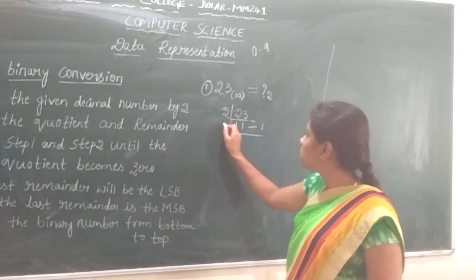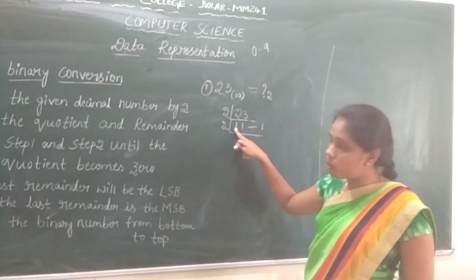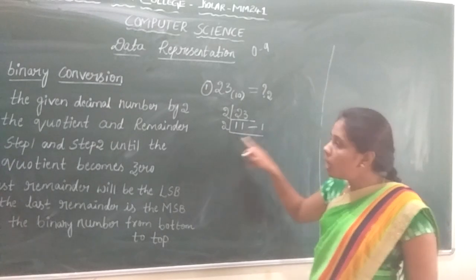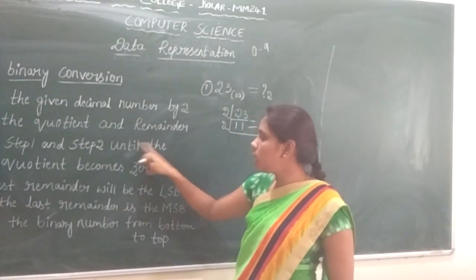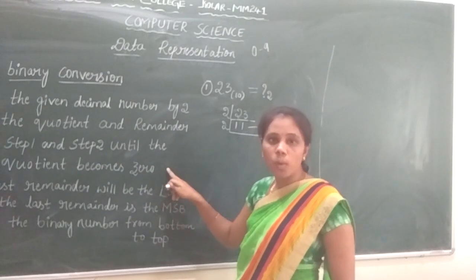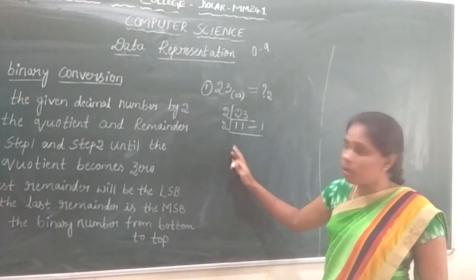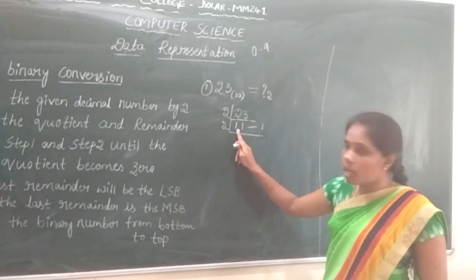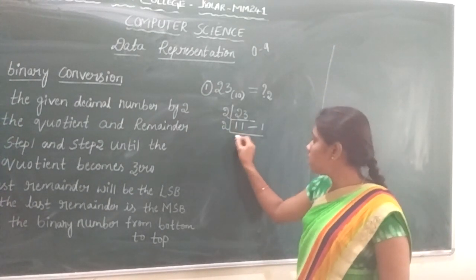Again you repeat. So you got the quotient. This is called quotient and this is the remainder. Step 3 is repeat step 1 and step 2 until the quotient becomes 0, or stop the process where the number cannot be further divided by 2. So 11 can be divided by 2, hence 2 5s are 10.